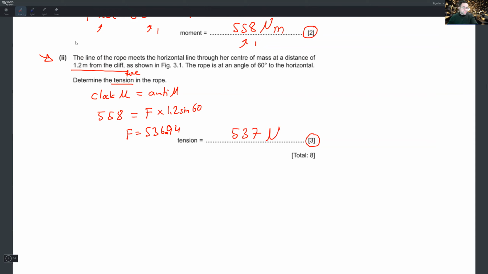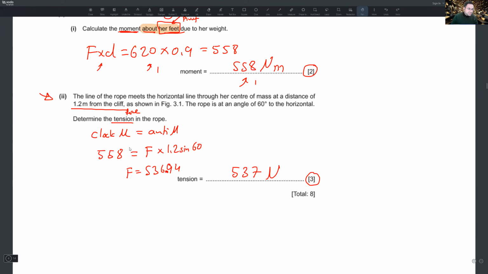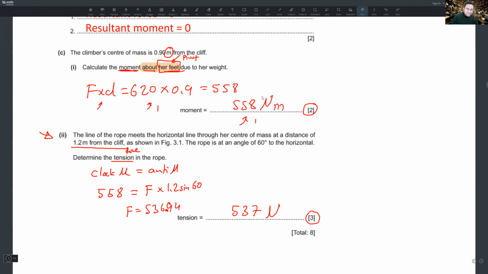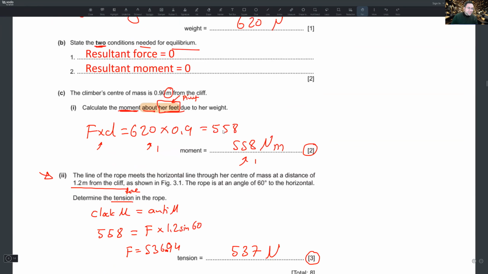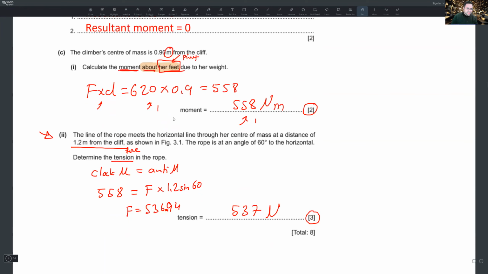Does her weight have any effect on the moment? Absolutely yes. The more her weight increases, the more her moment increases. But you might ask, why didn't you calculate the weight here? We already did. See the moment that we calculated a while ago? That was the moment of her weight. So we already calculated the clockwise moment and we just copied it down here.